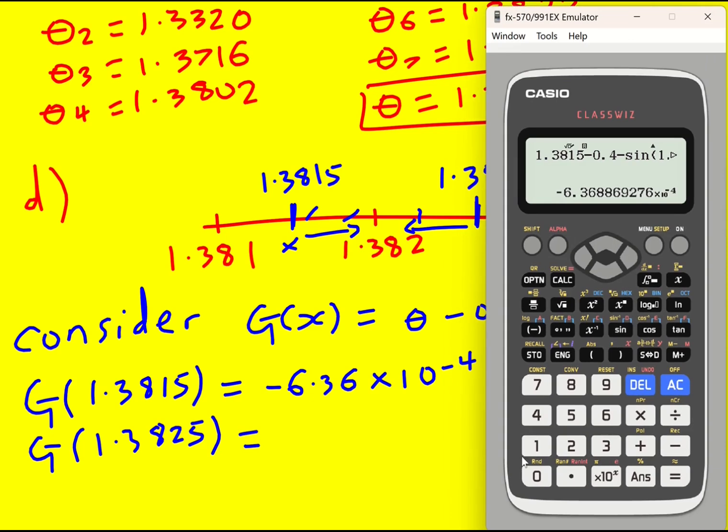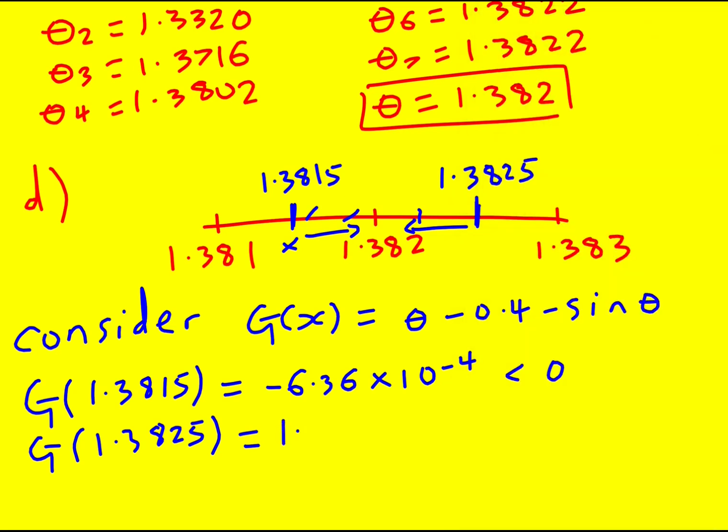Again, this should come out to be positive. I can just modify it like this. And we get 1.754 times 10 to the minus 4, and this is greater than 0. Okay, so we know at this point it's going to be positive.